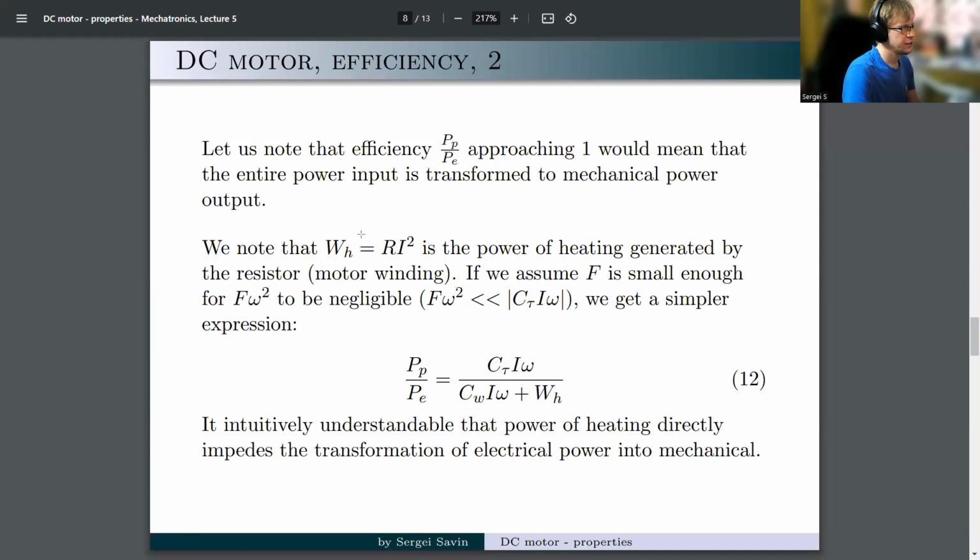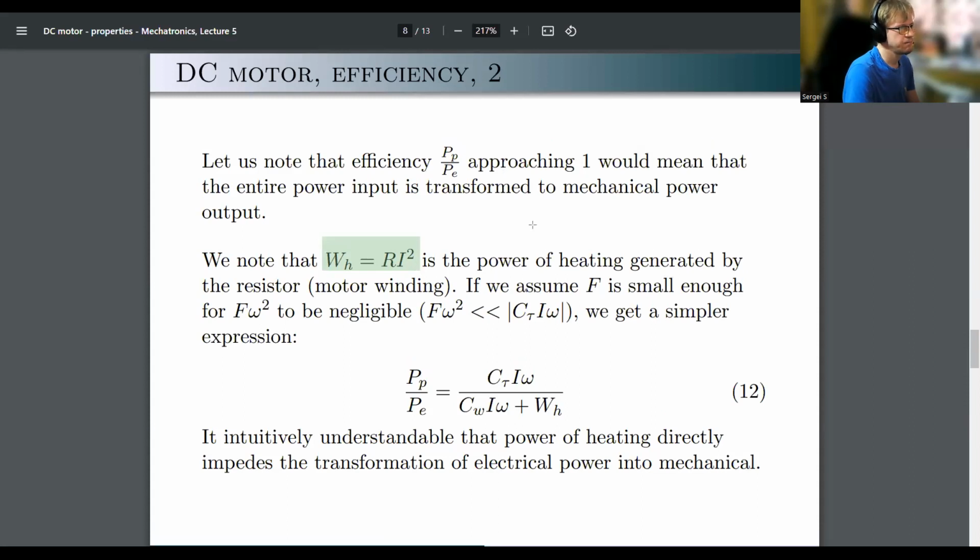So this is the power of heating. And the heat is dissipated in the motor windings, by the way. So this is how much your motor will be heated up. And if you want to understand how to design a cooling system, this is very useful information because it will tell you how much heat is dissipated by your motor.